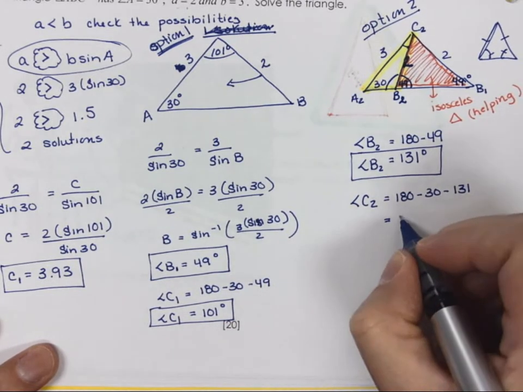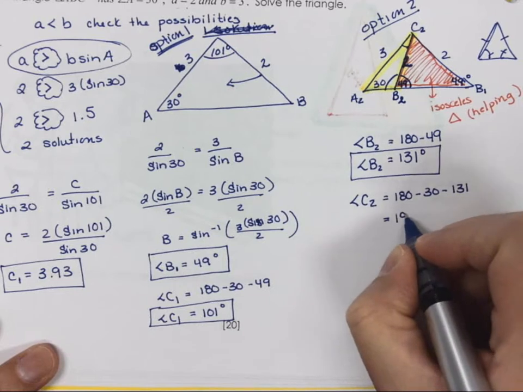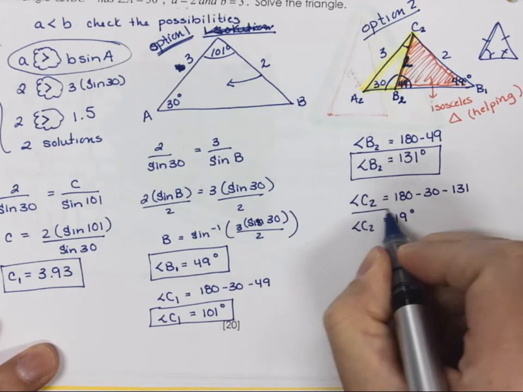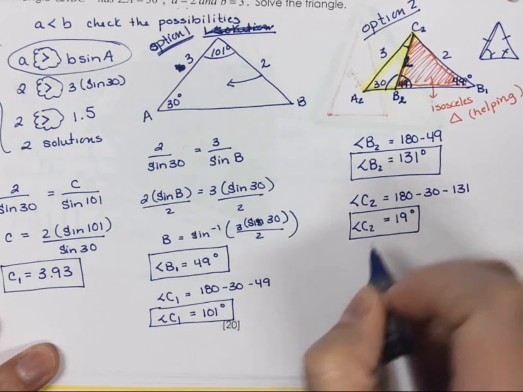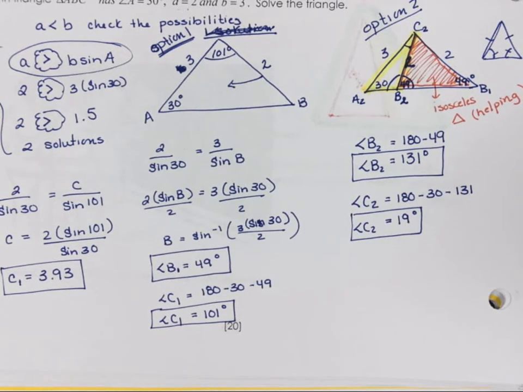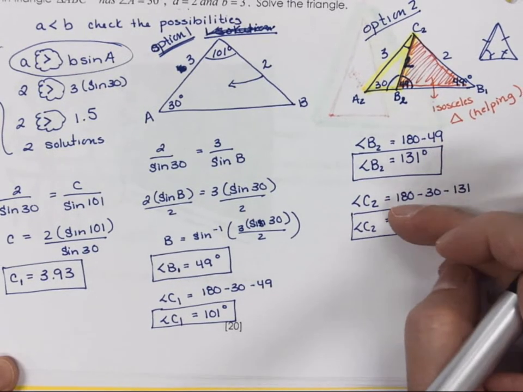Do we still have to find side C? We do, yes, because we're solving for all the things. But these two weren't hard. They were just minusing from 180, right? And we anticipated that angle C was going to be significantly smaller than C1, and it should be, right?